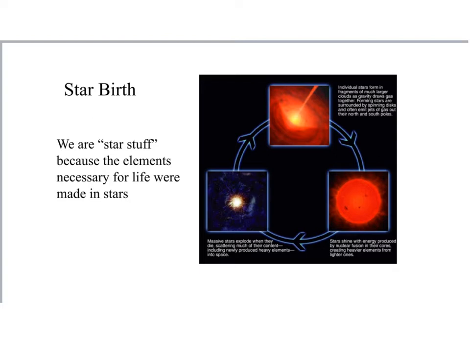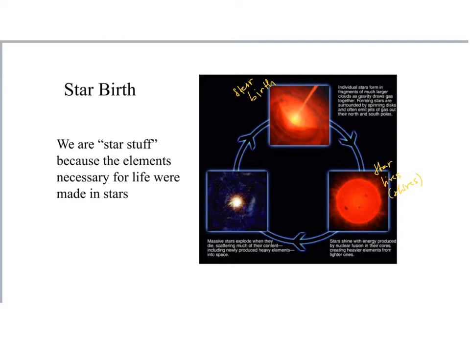Remember, I hopefully convinced you some time ago that you are star stuff, because the elements that you are made of, the elements necessary for life, were actually made in stars. And we talked about this cycle that kind of looked like this. You have the birth of stars, so star birth, then the star lives, that is, shines for a time depending on its mass, like the sun does.